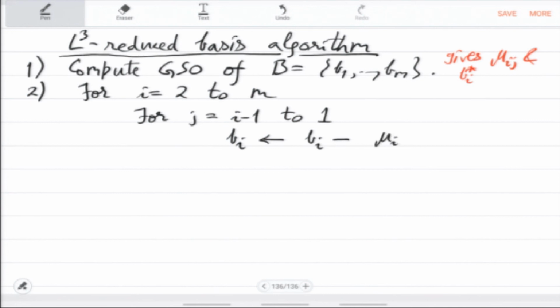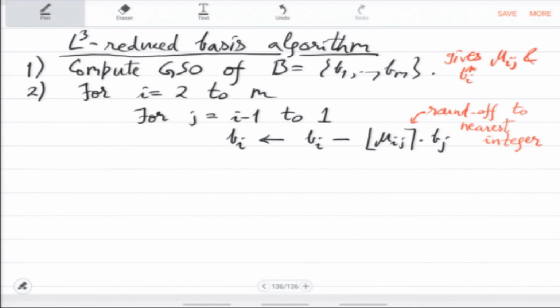So mu ij, let us round it off to the nearest integer. Okay, so this is the transformed bi. We are trying to get to bi star, but we may not be able to do that.